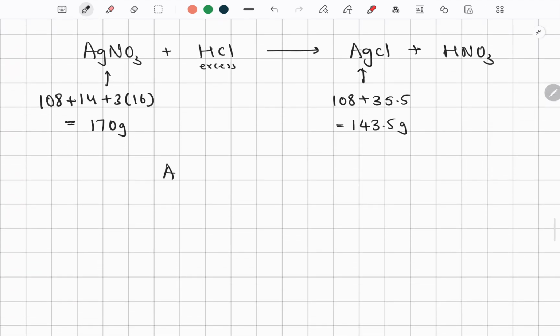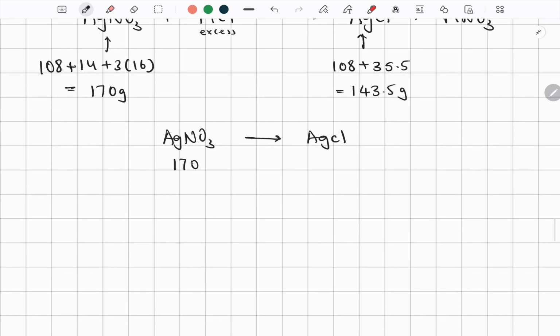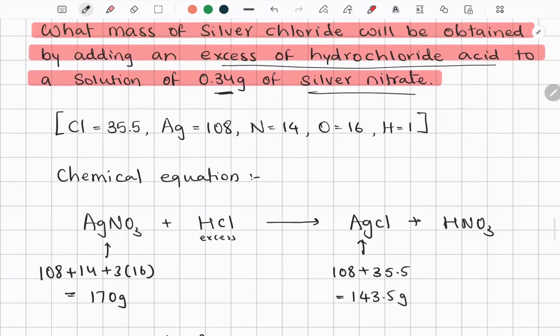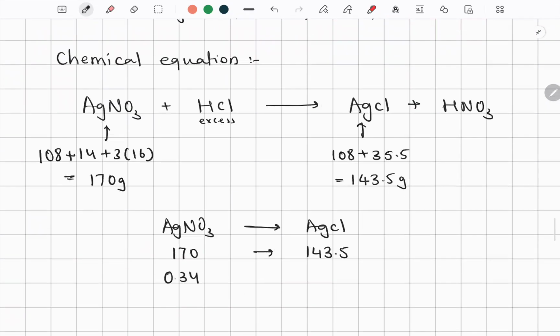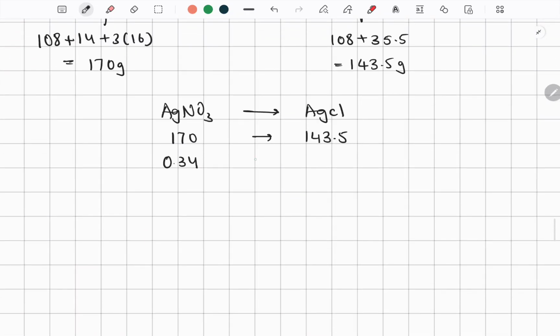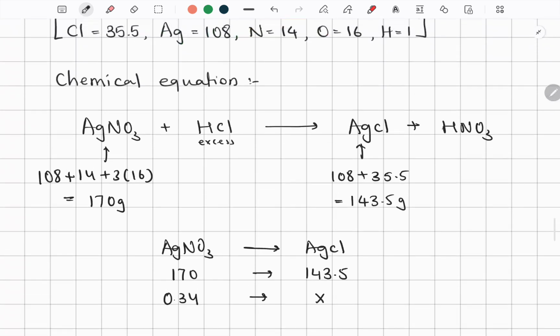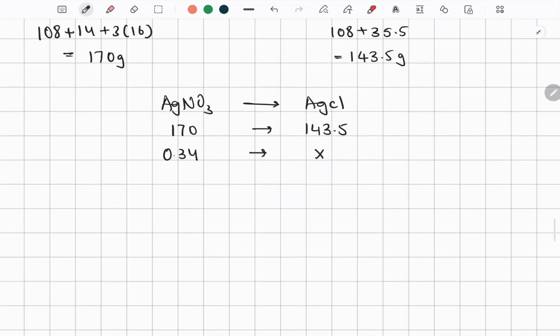In the unitary method, we say that if 170 gram of AgNO3 gives 143.5 gram of AgCl, then 0.34 gram of AgNO3, which is given in this question, would give X gram of AgCl.